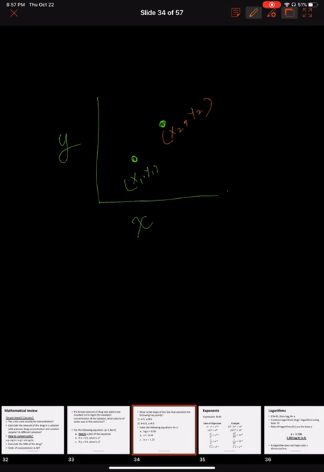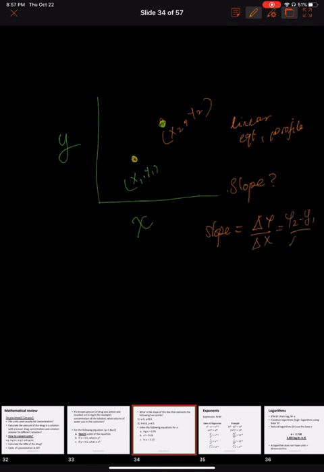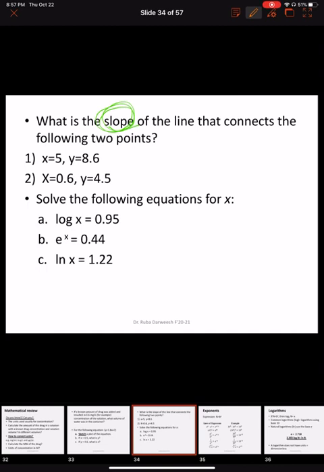If you have two different points, two pairs, and you know that you have a linear relationship or linear equation or profile, can you determine the slope? Yes, we know that the slope would be delta y over delta x, right? Which is y2 minus y1 over x2 minus x1, right? So yes, you would be able to determine the slope from 2 points that you already have of a line, okay?